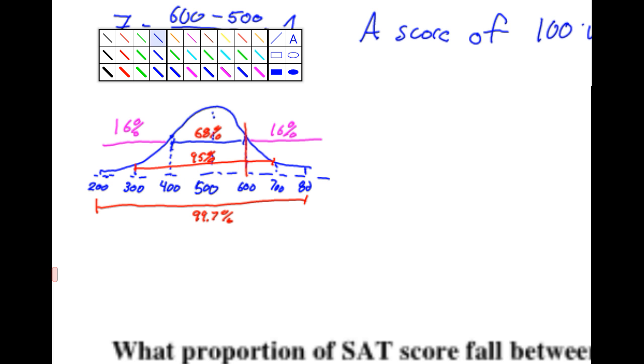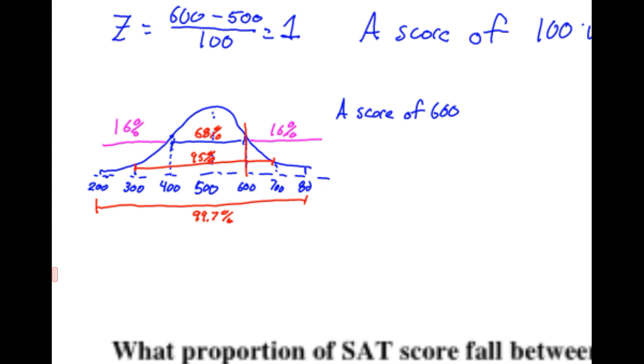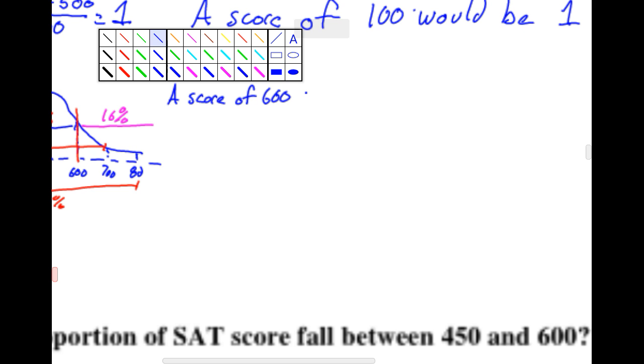So let's write that out. A score of 600 would place me in the 84th percentile. 16, because you go up to 100, 100 minus 16 is 84.